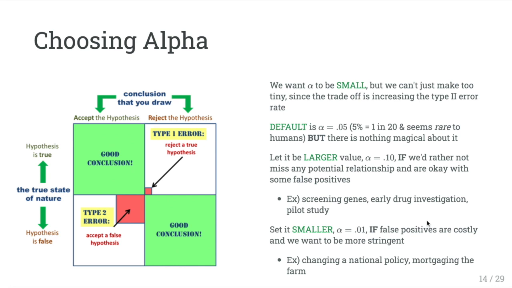We can also let it be smaller if false positives are costly and we want to be really strict. So you have situations where you move it, and that's fine. Generally, the best practice now is to use 0.05 or 0.1 or 0.01, but report the p-value so people can see exactly what it was.